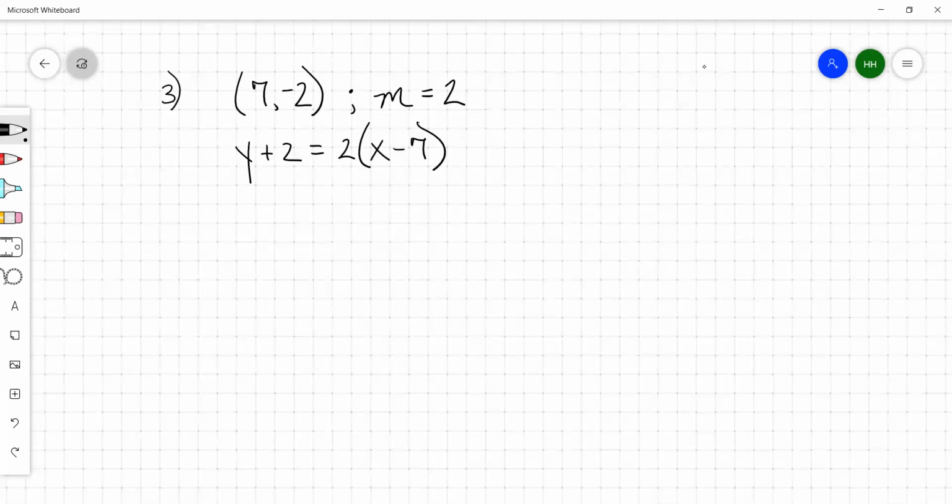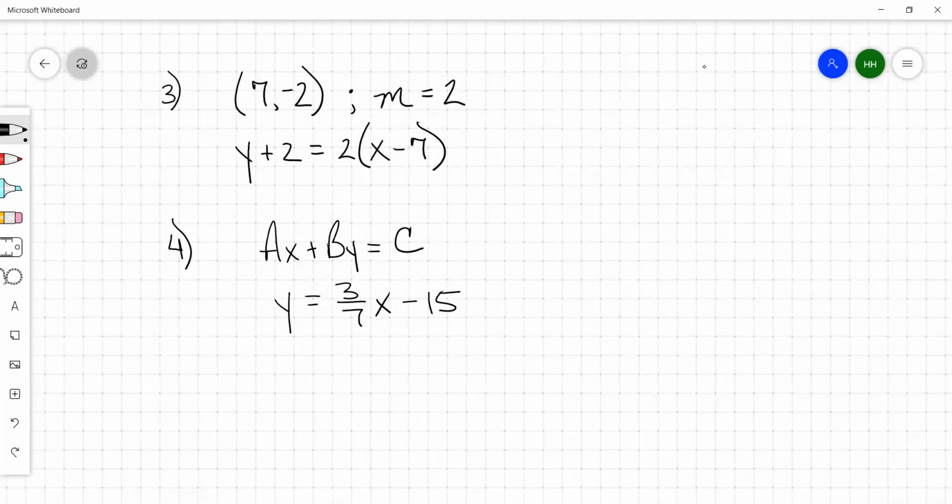Number 4. You're asked, what is an equation of the given line in standard form? Use integer coefficients. All right, standard form is ax plus by is equal to c. So we need to put our line, our equation, in this form. The equation is given to you as y equals 3/7 x minus 15.